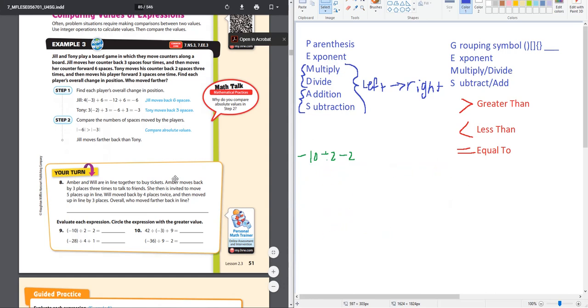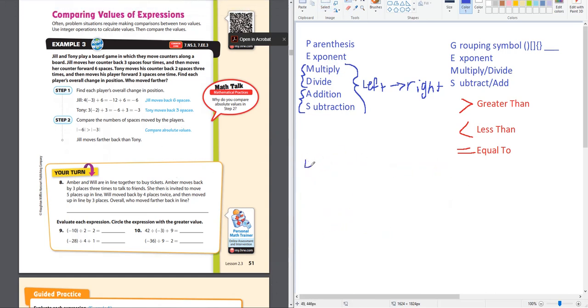So here, I'm going to try again on another one. Here we have 42 divided by negative 3 plus 9. And then here I have negative 36 divided by 9 minus 2. Cool.